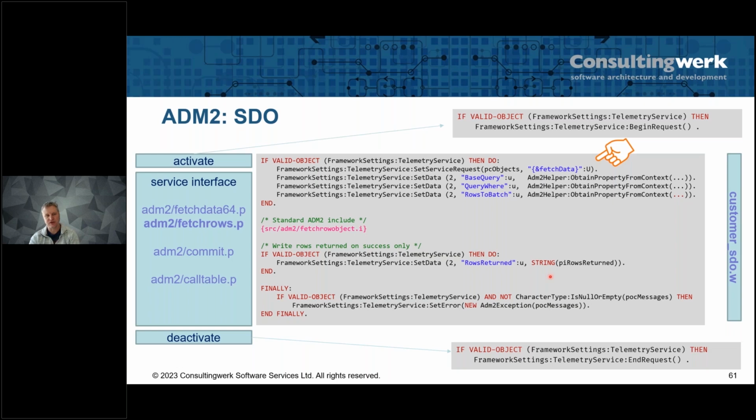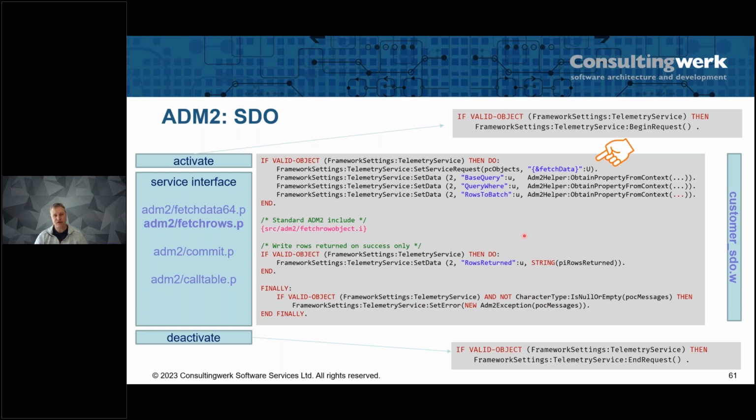If we got an error, can we add that in? ADM2 was written way before OO, so it doesn't have the concept of structured error handling, of catch blocks, of anything like that. So it used an output parameter. This pocMessages is an output parameter with message text in it. And so what we can do is convert that into an error in our application code, or in our telemetry instrumentation code.